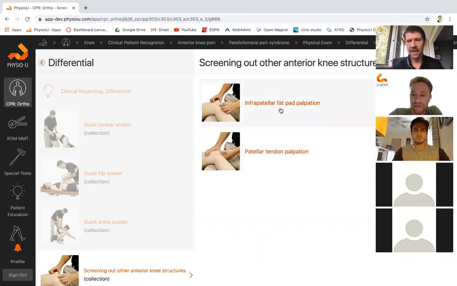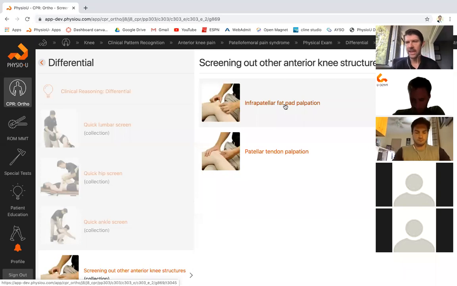Okay. And then infrapatellar fat pad, right? That kind of sits right underneath the tendon. So it's kind of hard to differentiate between that. Why is it important, do you think, to differentiate between this person has the patellar tendonitis or patellar tendinosis versus this person has the infrapatellar fat pad problem, a Hoffa's problem?